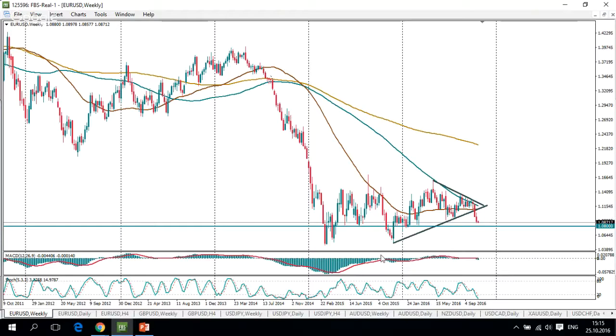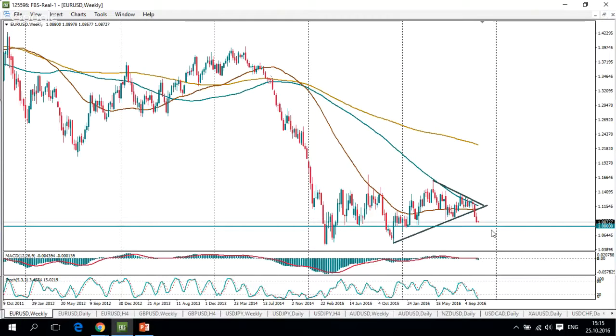For instance, here we can see that after this month, the single currency fell below the support line, which goes back to November 2015, and closed below this level. The picture turned bearish for the euro dollar, and the single currency found itself under renewed bearish pressure.